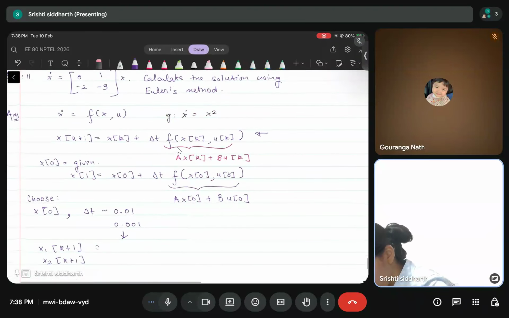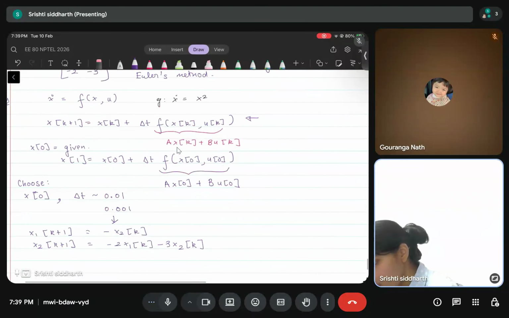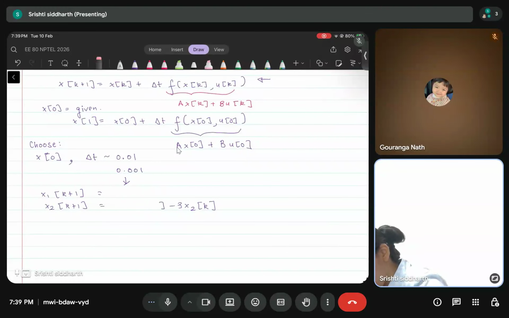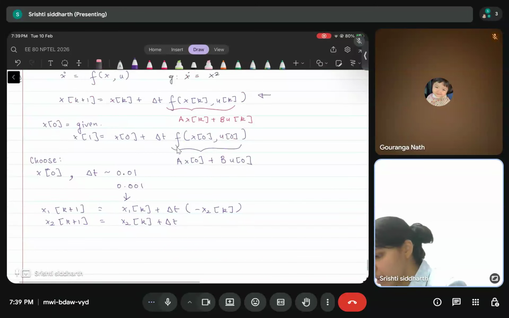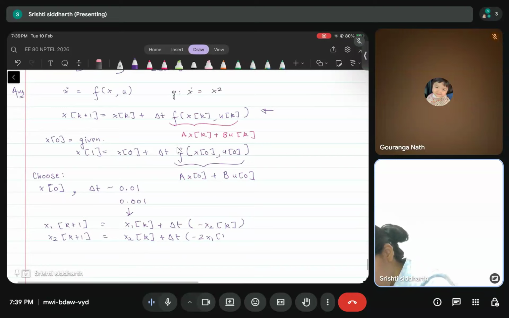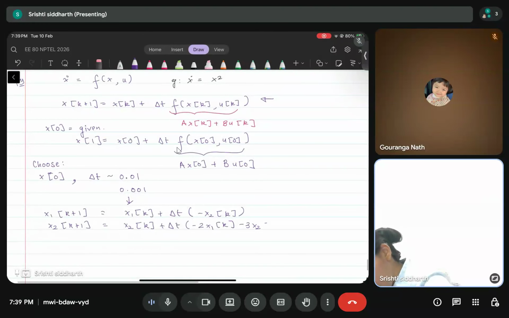So this is simply x1k plus delta t times minus x2k, and we have x2k plus delta t times minus 2 x1k minus 3 x2k.